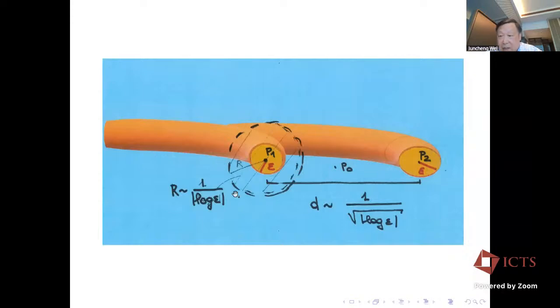So we cut the inner problem up to 1/log epsilon. And the rest of this we're going to take as the outer problem.